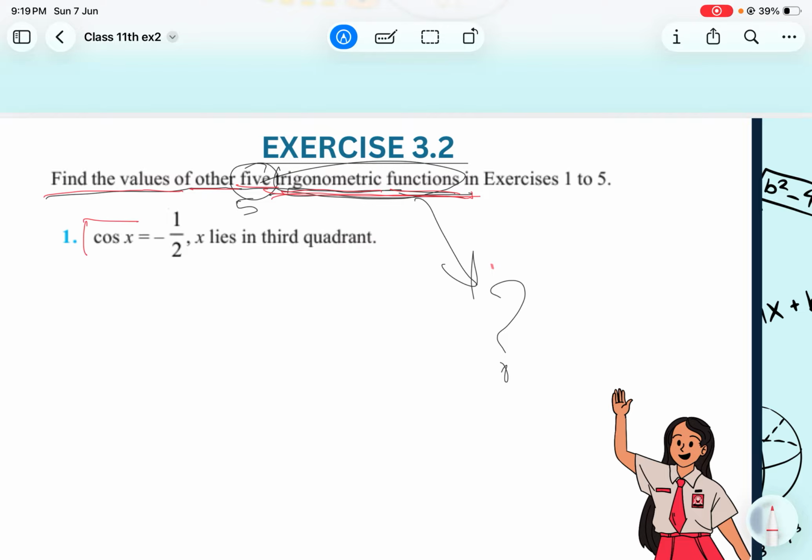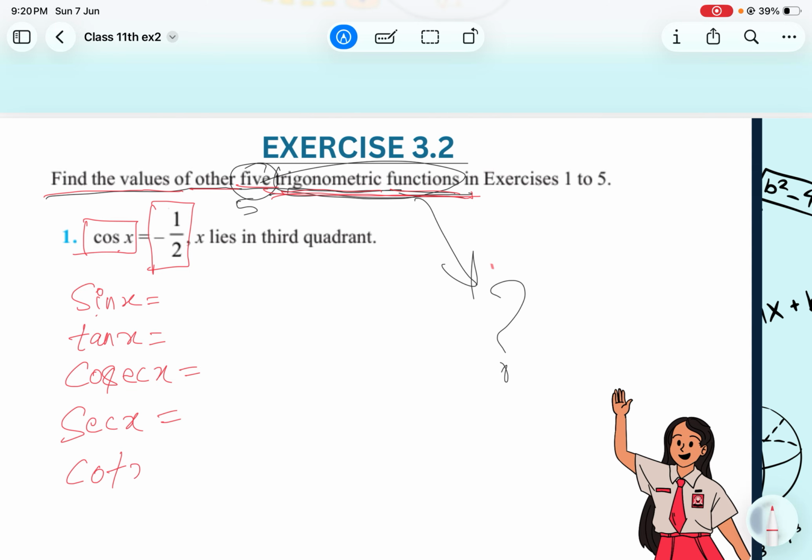You know this is cos x and we have a value of cos x here, and we have to find sin x. x is any degree, okay? So sin, cos, tan x, cosec x, sec x, and cot x.